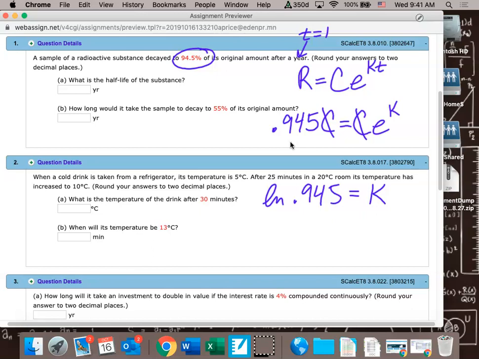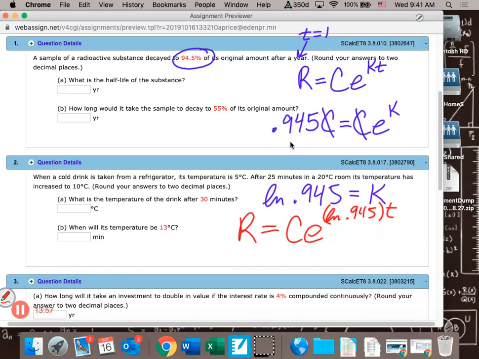Once you find that, put it back into your formula and get a new model. So now my model is r equals C e to the ln of 0.945 times t. We want to know the half-life. We want to know how long it takes for us to have half of what we started with.